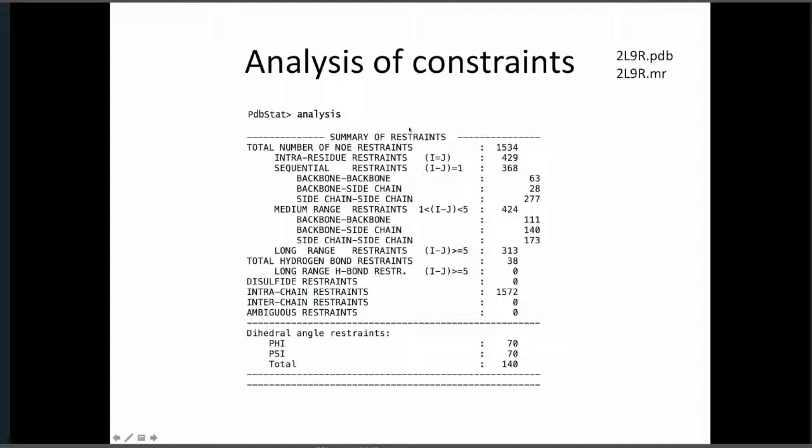Another feature that people ask me about is when you read the constraints and you want to see how many are the total, how many are intra, how many are sequential, and then divided into backbone, sidechain, sidechain, sidechain. And this is the summary that you can get with this command, NOE analysis or analysis itself.